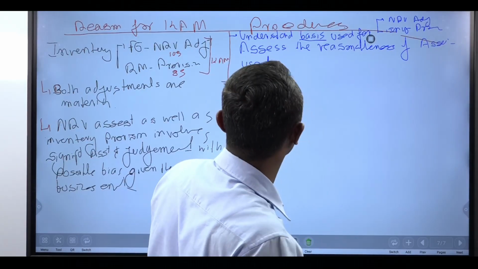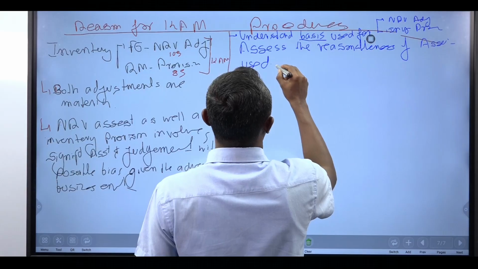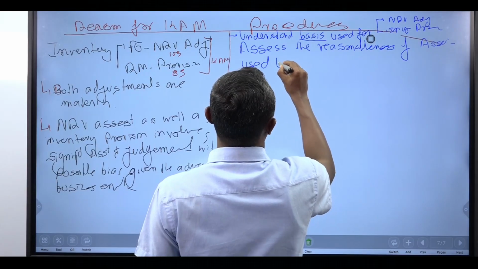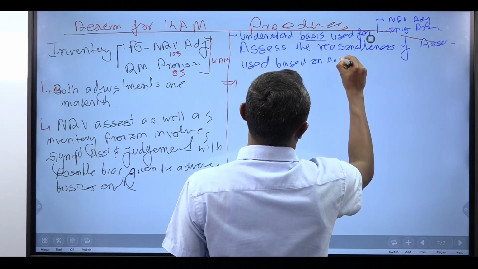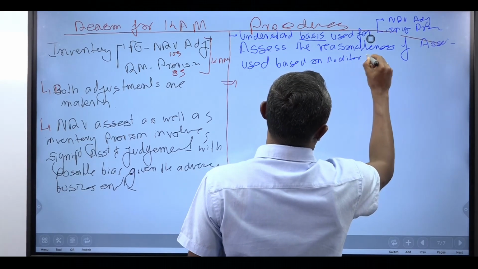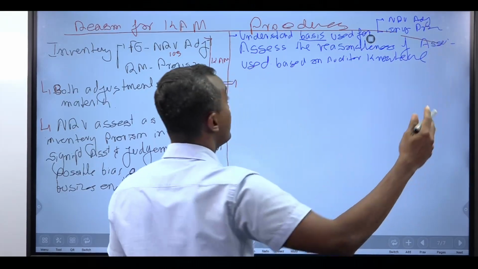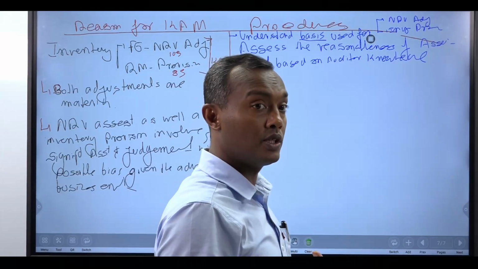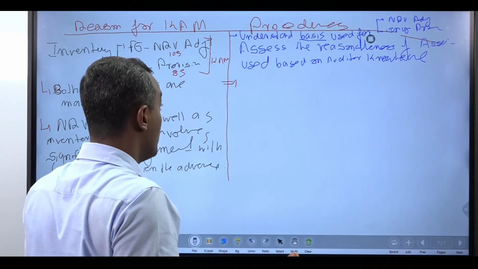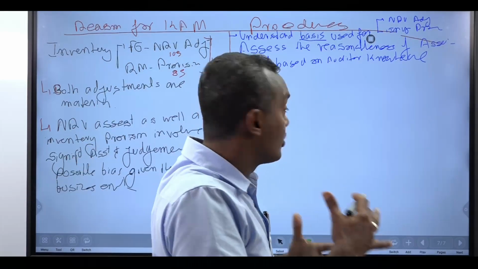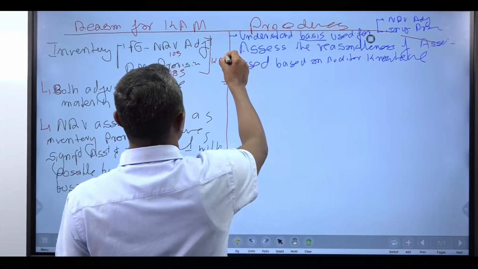Assess the reasonableness of the assumption used, based on the auditor's knowledge of the business, because the auditor knows that usually this is selling at this price. Now how can you put a price which is above the normal selling price in the last quarter? Like that, the auditor can challenge. So now these are the 2 points that we can write.